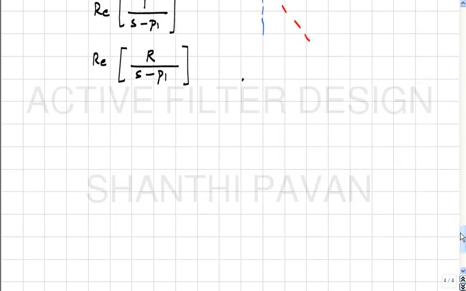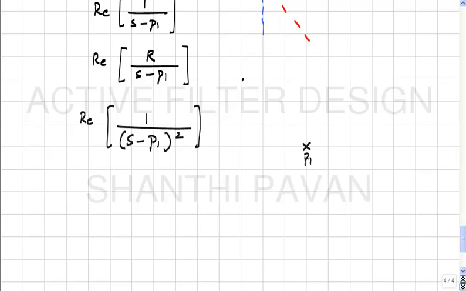So what do you think will happen when you have a pole of multiplicity greater than 1? This is P1, and this is S. So this is S minus P1.